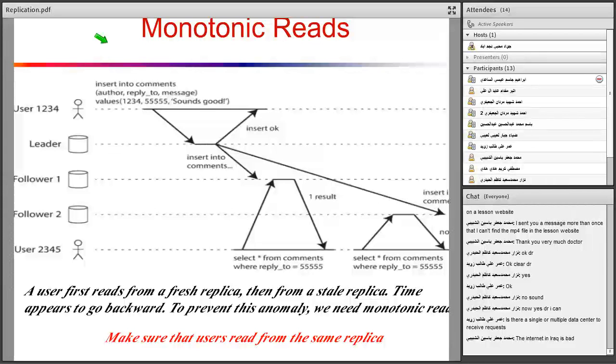Omar asked, is there a single or multiple data center to receive requests? Omar, in this class, we are going to talk about distributed databases. So there are some data centers in a distributed database.